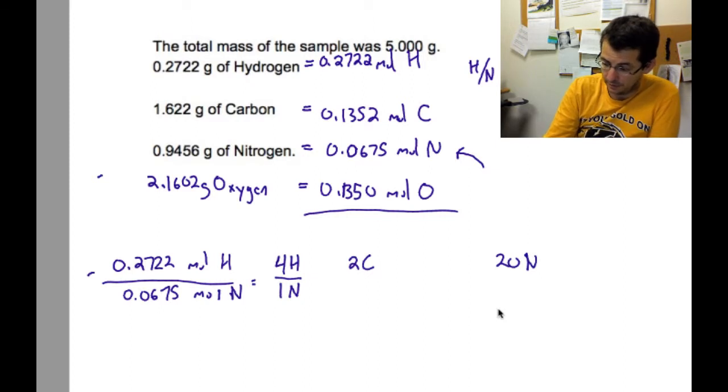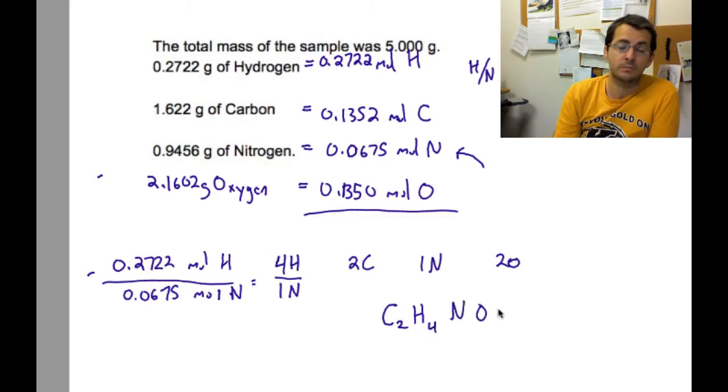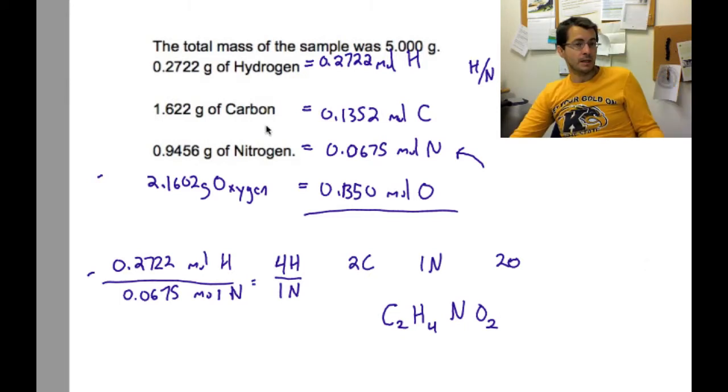And let's not forget the nitrogen, 1 nitrogen. So the empirical formula for this compound would be C2H4NO2. That's empirical formula in a nutshell.